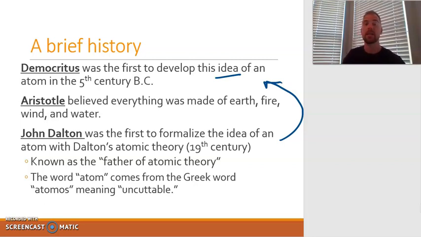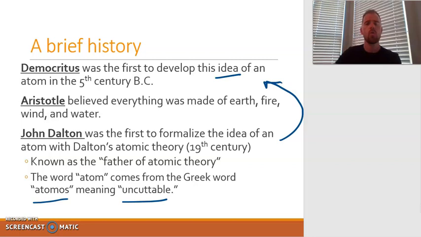It's for this reason, and many others, that John Dalton was known as the father of atomic theory, because he was really the one that got us back on the right track, which ultimately led to a lot of the advancements we discovered in the late 19th, but especially 20th century. Just a little information, the word atom actually comes from the Greek word atomos, which means uncuttable. The idea that that was the smallest building block of matter.